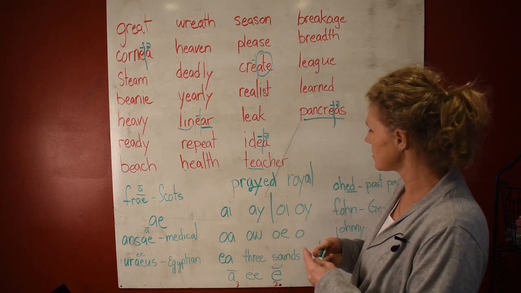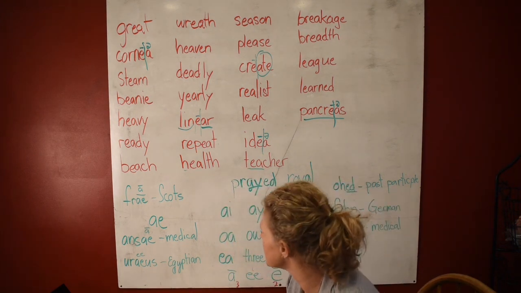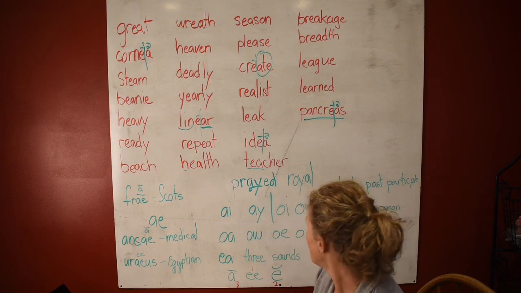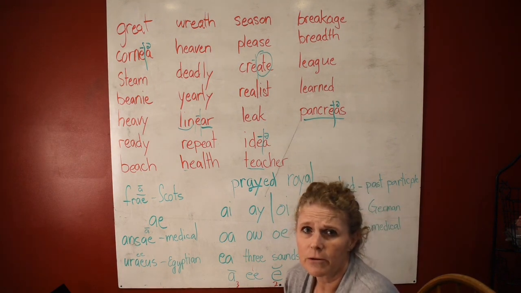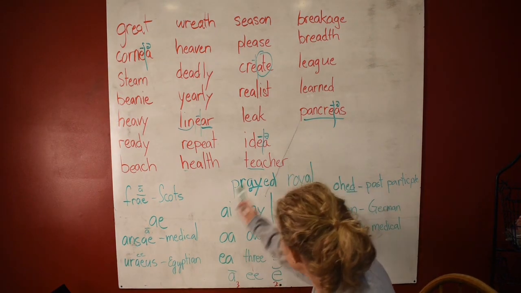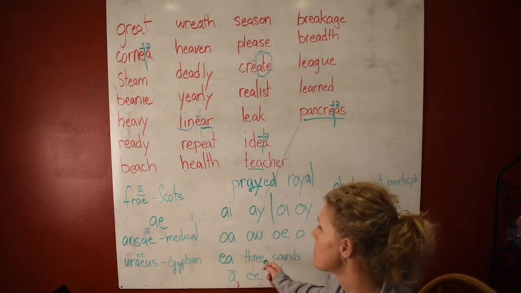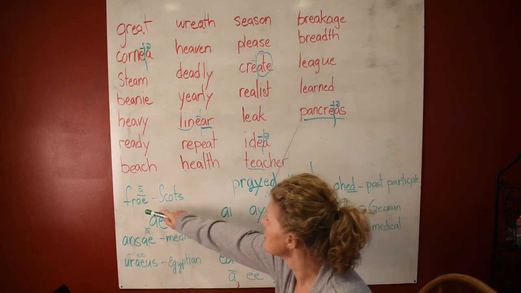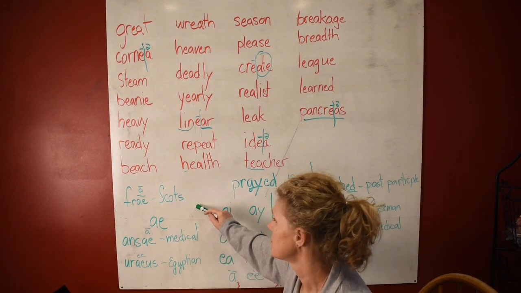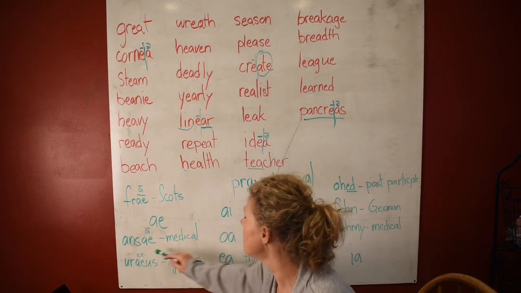Okay, saying that sound. Now, I thought this was really interesting, and I'm so glad that you brought this up, especially for people that are really trying to get their words down and just learn their words better. Focus on these vowel teams. These vowel teams right here, Frey, it's Scottish. Aspene, it's a medical term.